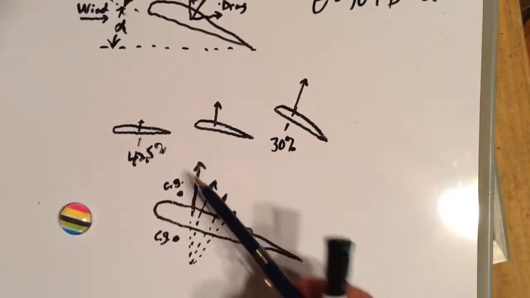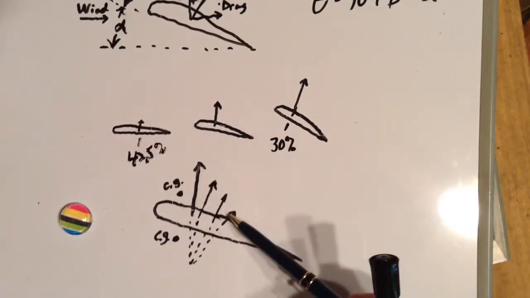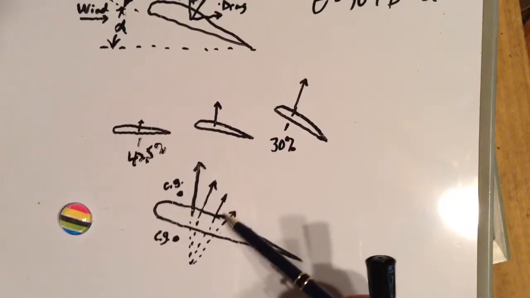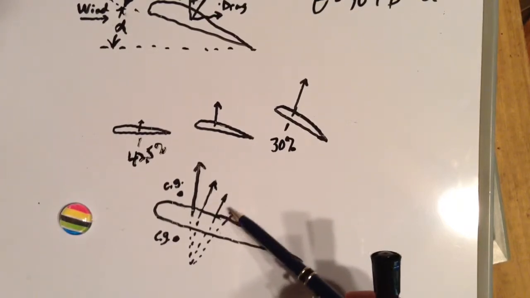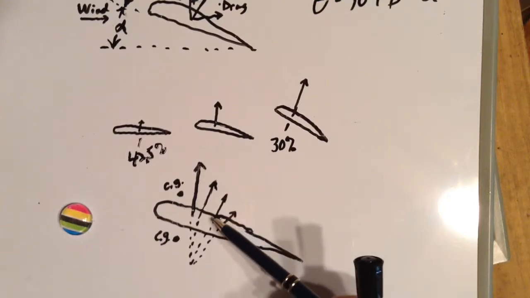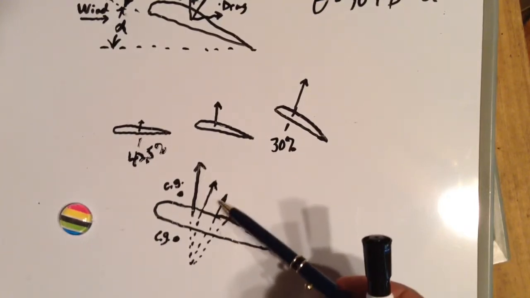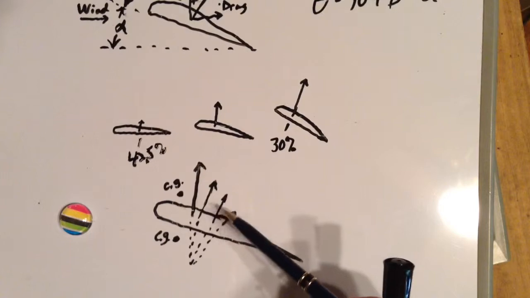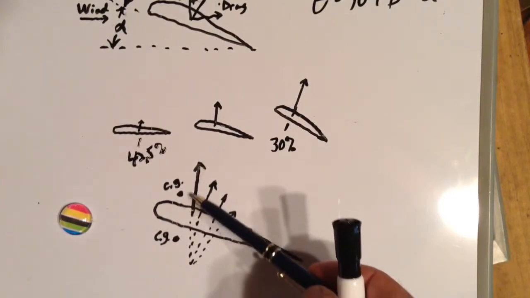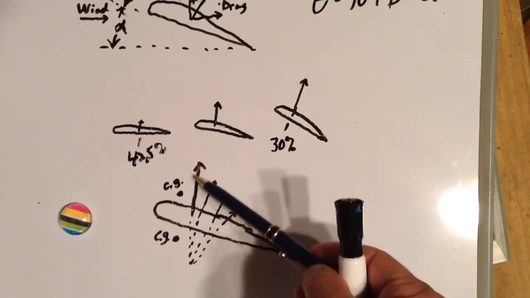At a low angle of attack, it's like this arrow. The center of pressure is toward the back of the wing, and there's not very much lift. The coefficient of lift is small at a low angle of attack. At a higher angle of attack, the center of pressure moves a little bit forward and the lift becomes greater. At the stall angle, it's as far forward as it's going to be and maxed out as high as it's going to be.